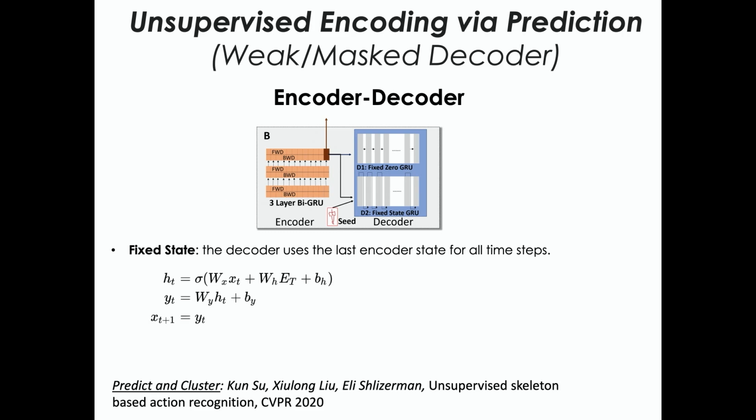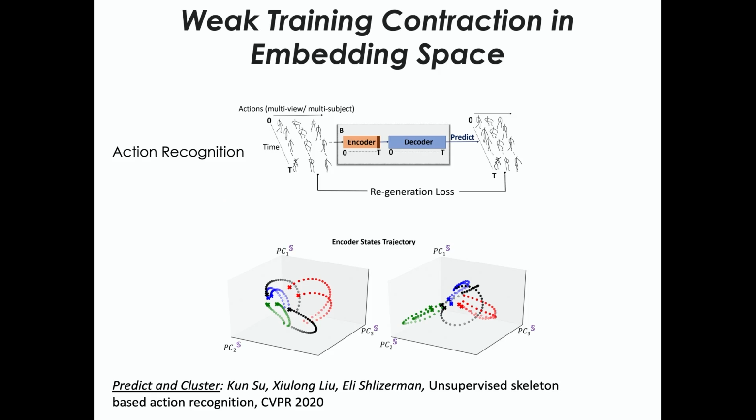Okay. So this idea turned out to be quite effective, and we have another paper that shows the intuition to it. I just wanted to show how it looks on a low dimensional projection of these trajectories.